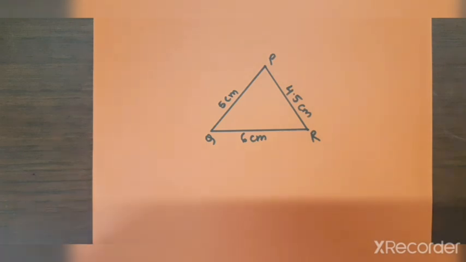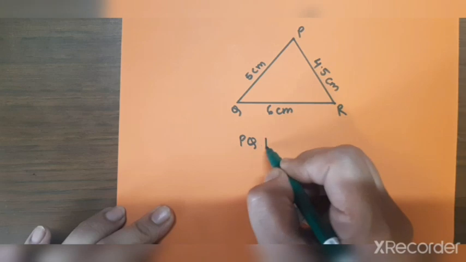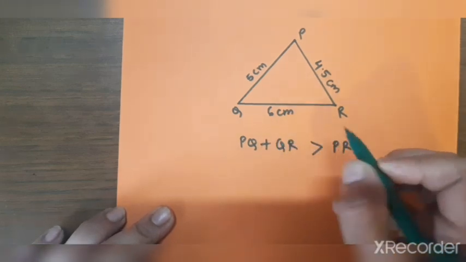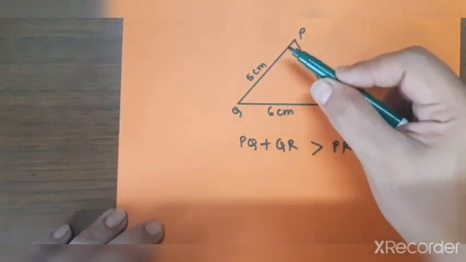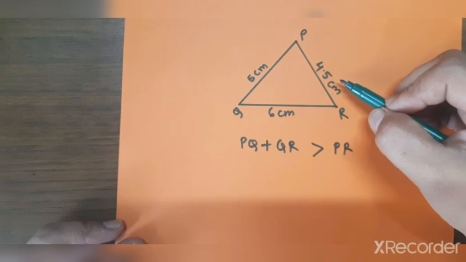So here we can write that PQ plus QR is greater than PR.